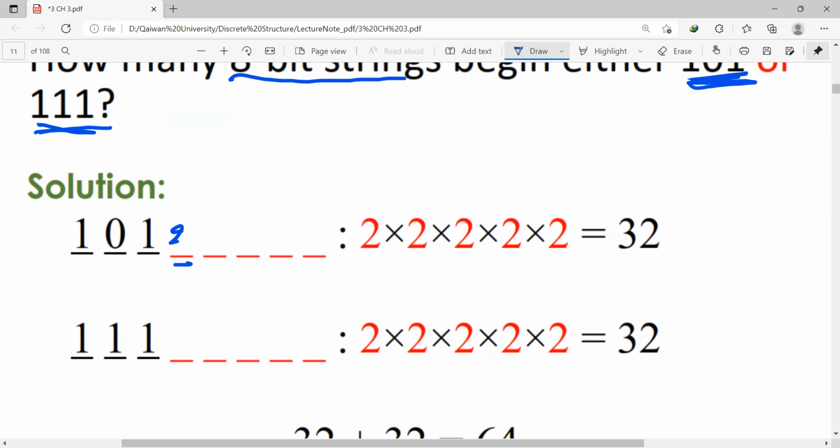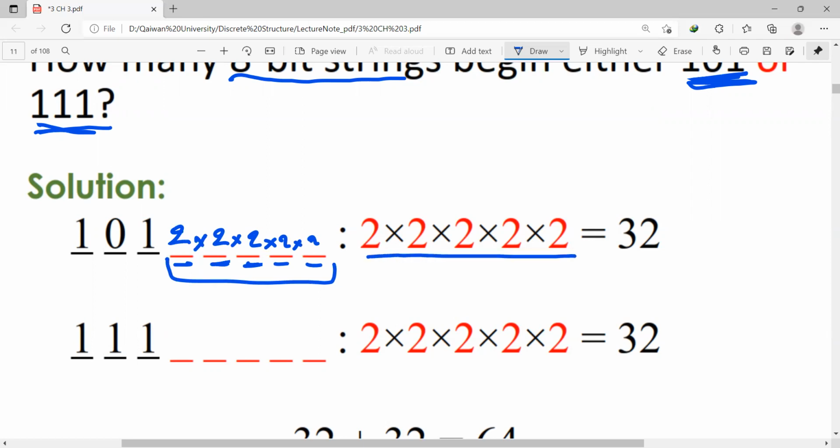So here we have 2, multiplied by 2 for this one, also either 0 or 1, and 2 choices for this one, this one and this one. As you see, here we have five 2's which are multiplied to each other. 2 times 2 times 2 times 2 times 2 is 32.